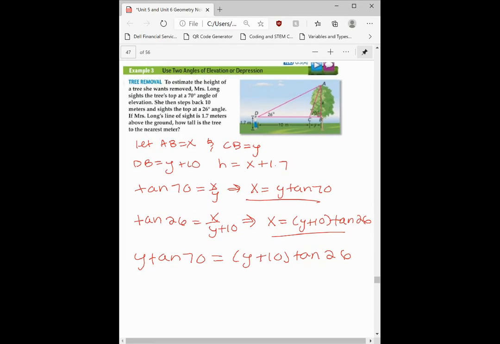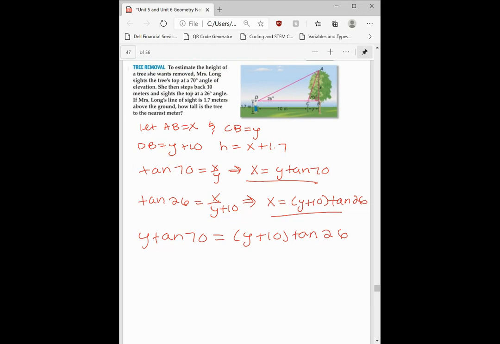And we want to get y by itself. Well, we can do that by first distributing tan 26, then subtracting y tan 26 to the other side.